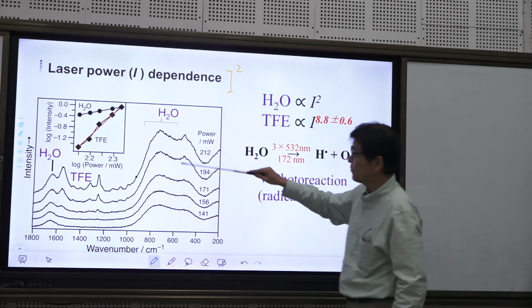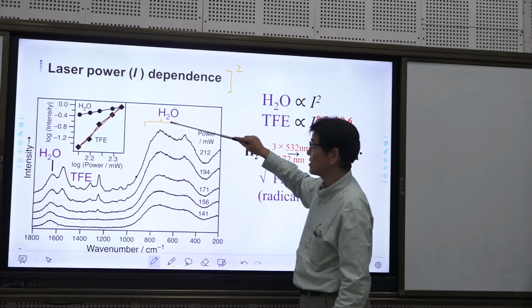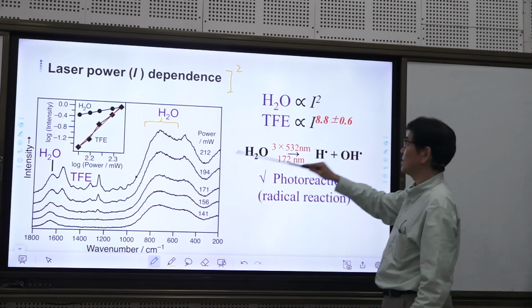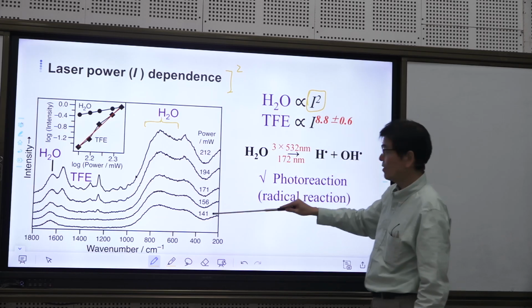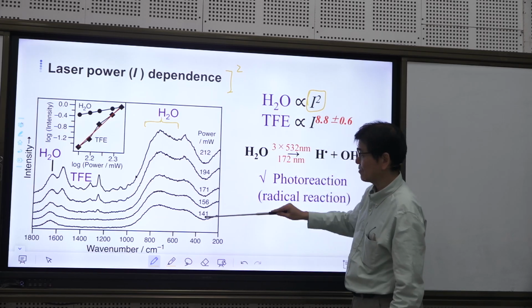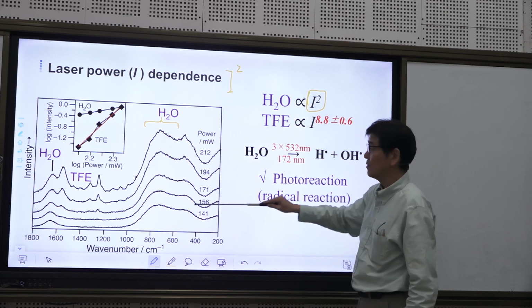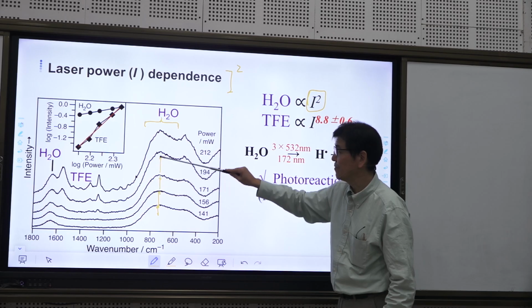Actually, when we analyze the intensity of the hyper-Raman signal of H2O, it exhibits quadratic dependence. The laser power is changed from 141 to 212 milliwatt, and the intensity gradually increases.